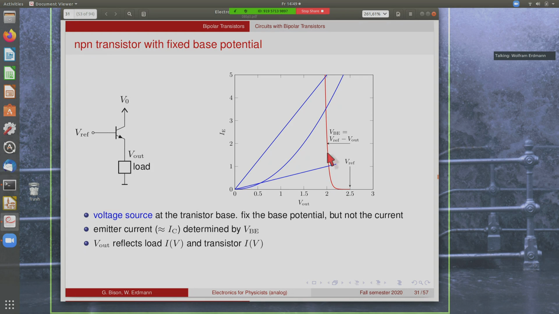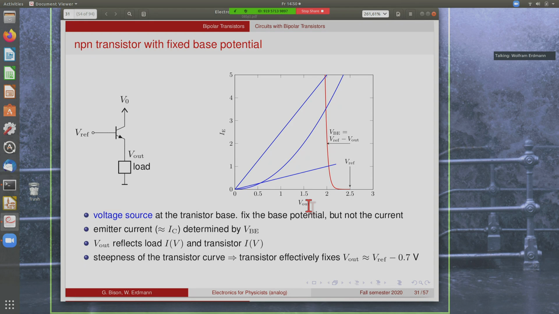And because this curve is so steep, you will always get a voltage here that is roughly 0.7 volts below the reference voltage. So you can come in here with a reference voltage of, in this case, 2.7 volts, and then it's almost independent of what your load does. The point where this emitter ends up is always roughly 0.7 volts below this reference.